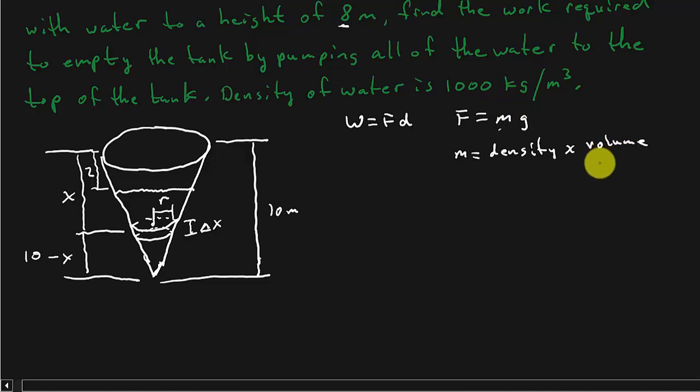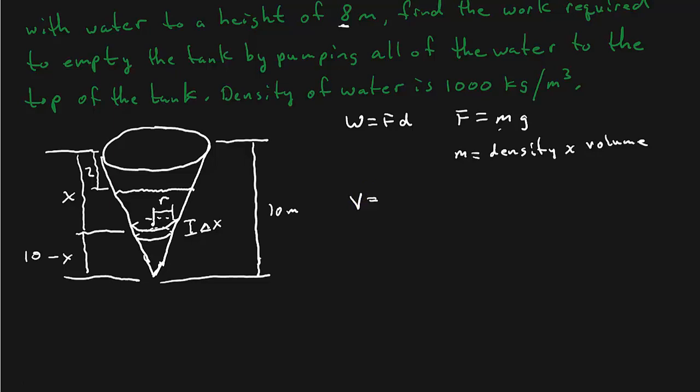I need to figure out what the volume is. Well, what's the volume of that thing? Remember, it's like a little cylinder. So it's going to be the area of the base times the height, right?